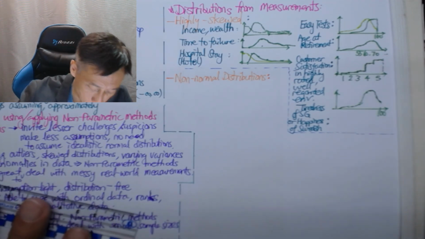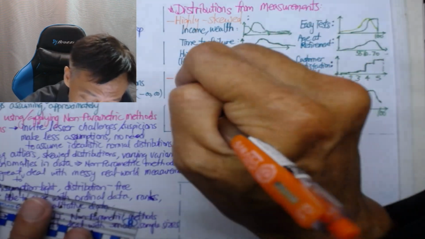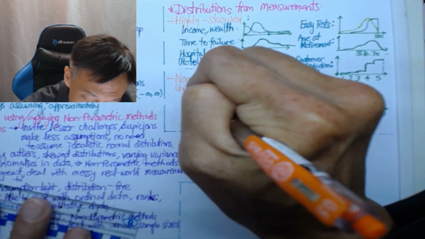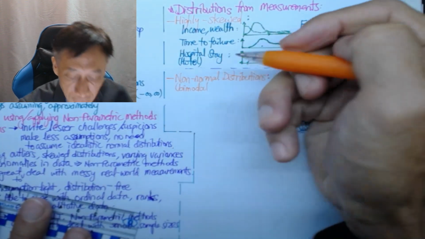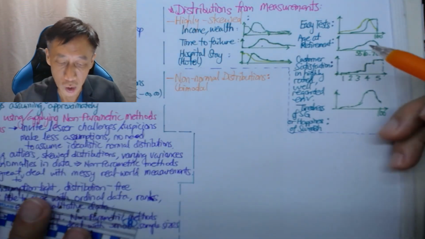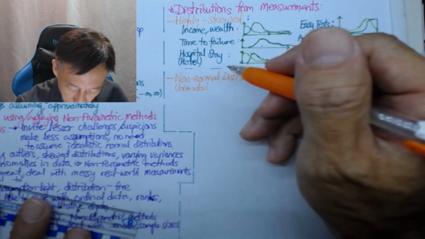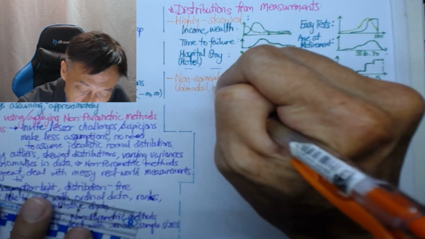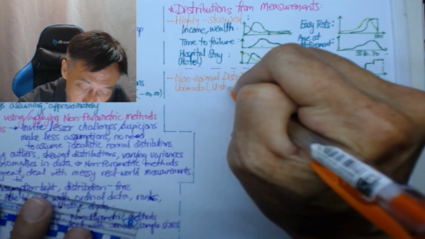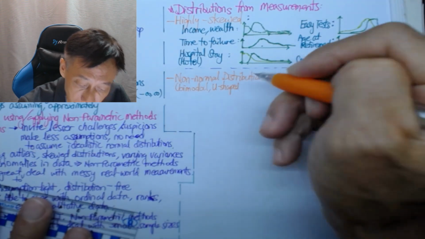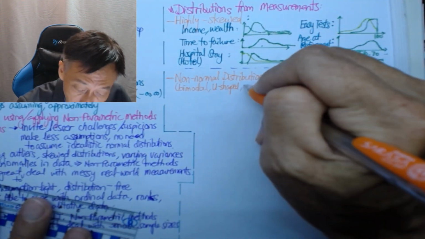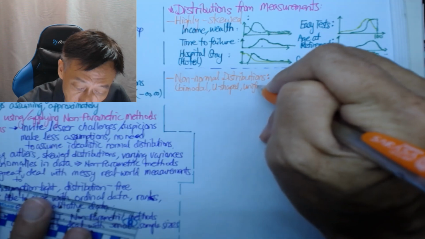This can include, for example, bimodal. Bimodal means like two almost equal peaks. U-shaped, sort of like an inverted normal distribution. Uniform distribution, clearly not normal, right?